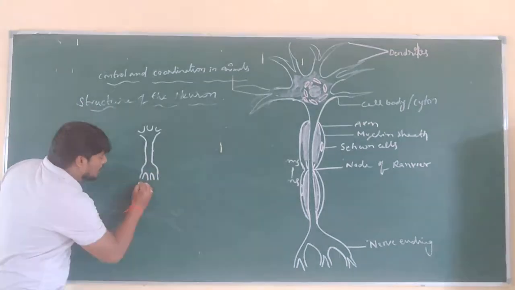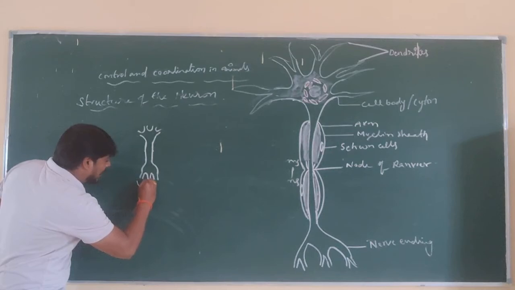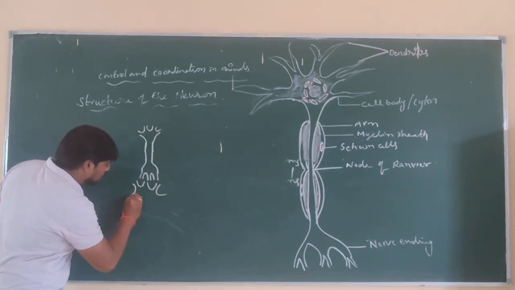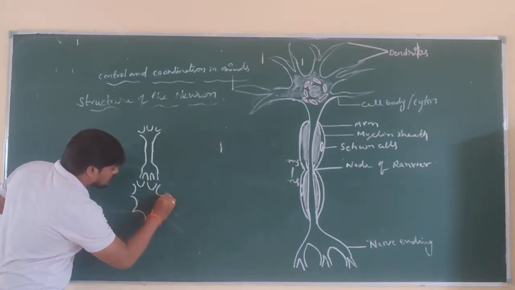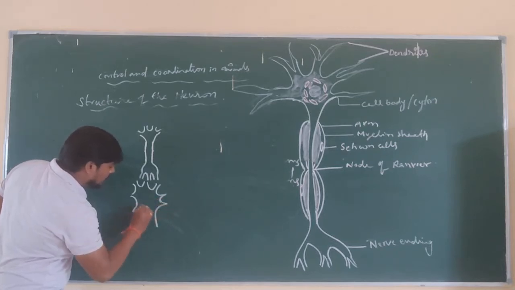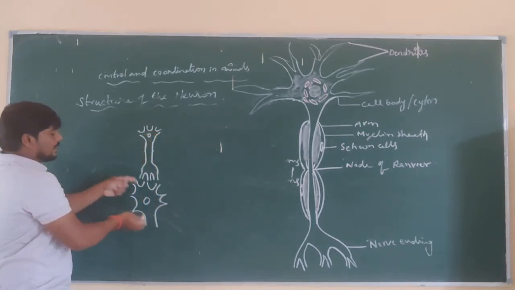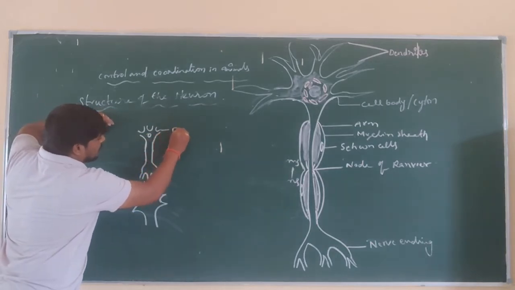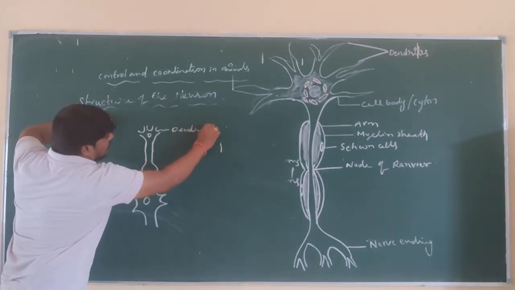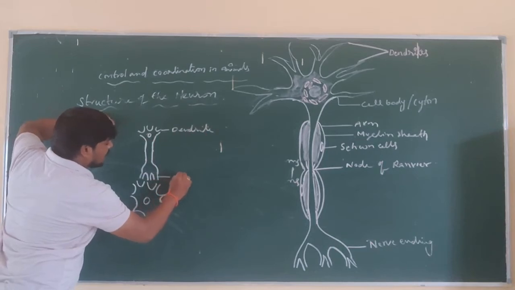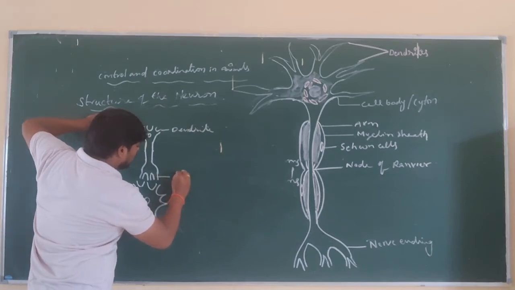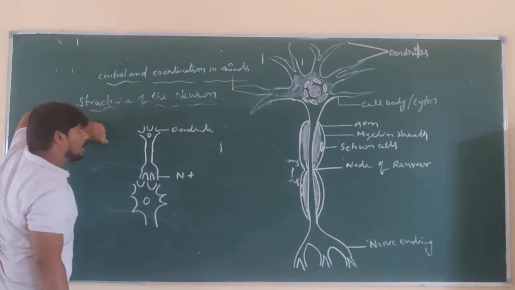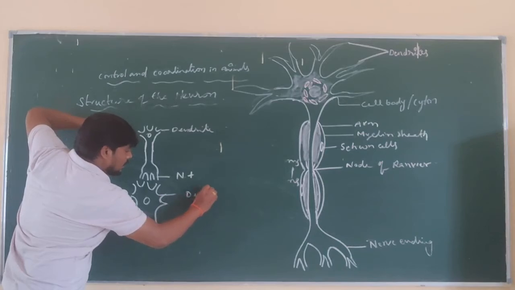This nerve terminus again goes into contact with the adjacent neuron through the dendrites. Now this is one nerve cell and this is another nerve cell. This is the dendrites, and this is the nerve terminus or axon. Nerve terminus is called nerve ending, and this is the dendrites.